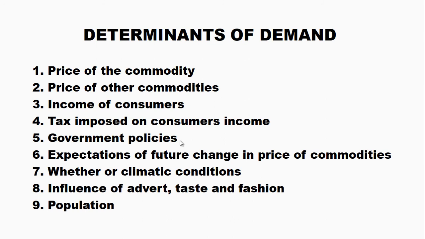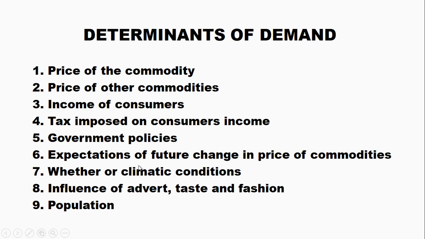That is the policy of government. In order to be safe from the deadly disease, we are told to use nose masks and to sanitize or wash our hands regularly. All these are policies made by the government which have made our demand for sanitizers and nose masks increase. So policies of government influence quantity of goods demanded.